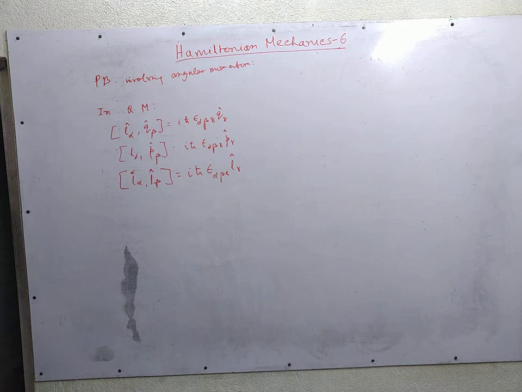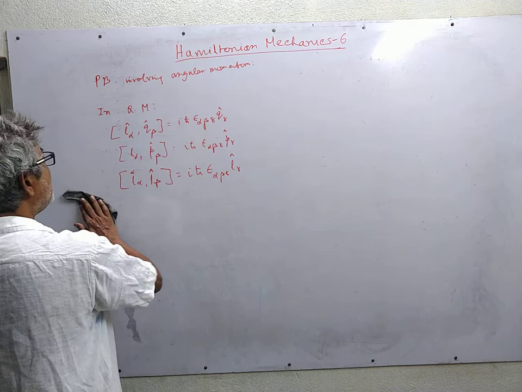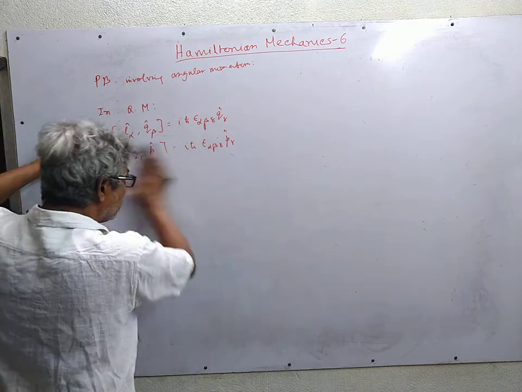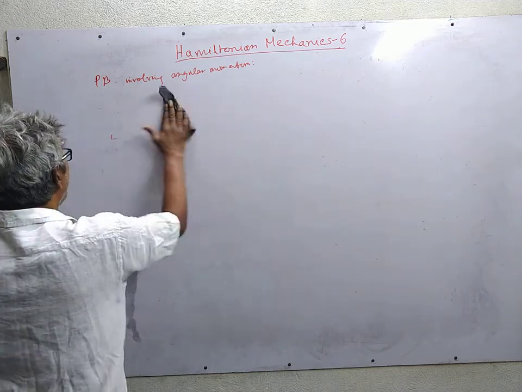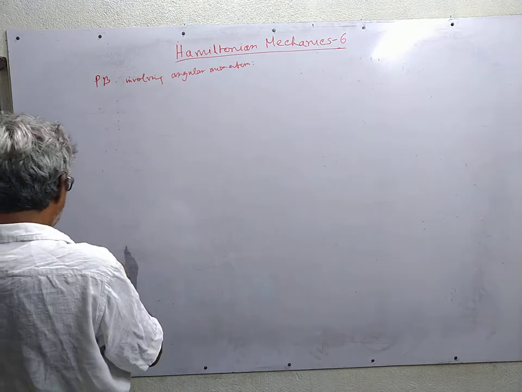Today we shall derive the corresponding relations in classical mechanics using Poisson bracket. So first, we write the expression of the Cartesian components of angular momentum.